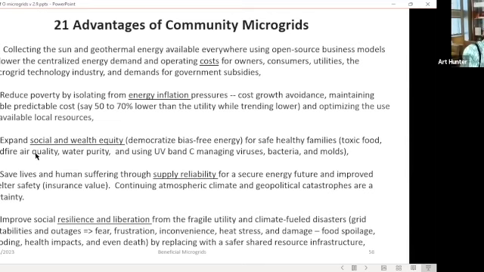Well, you know, there's this reality when you have grid outages that you do end up worried about your refrigerator and you have food and water issues.